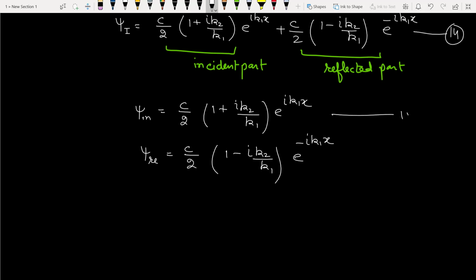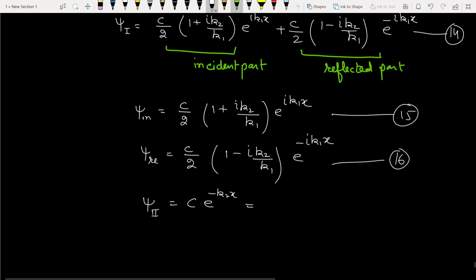So this is 15, this is 16, and we write psi 2 as again c e raised to power minus k2x, and we call it the transmitted part, and we mark this as equation number 17.